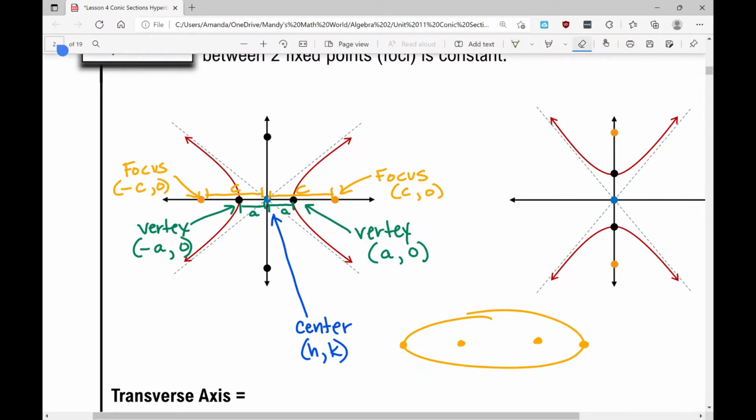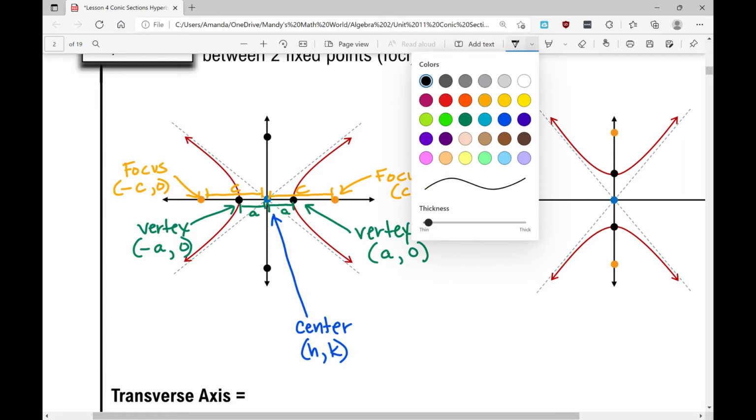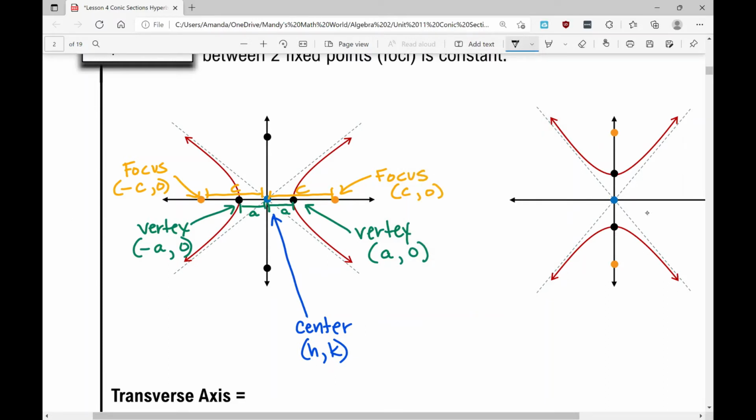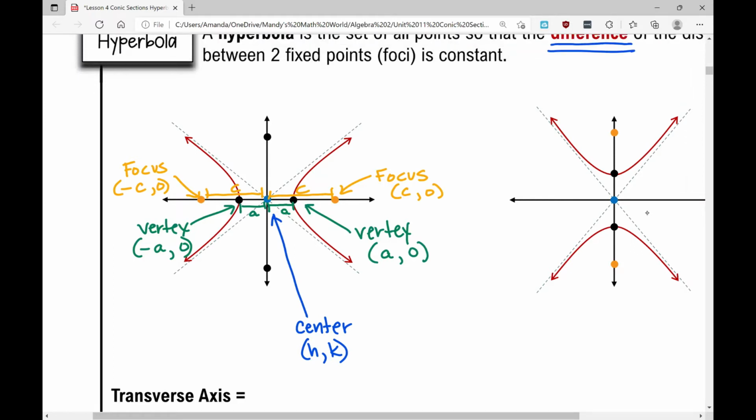I'm going to erase this ellipse down here. All of these lie on what is known as this entire axis right here, and I'm going to erase that line. That is called the transverse axis.